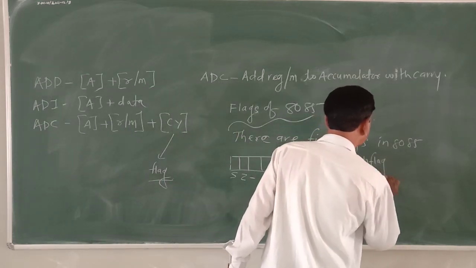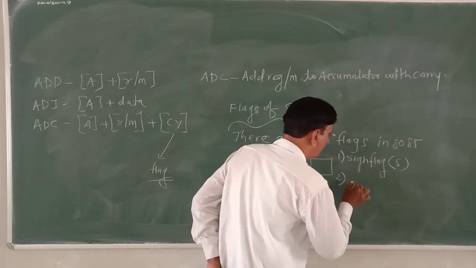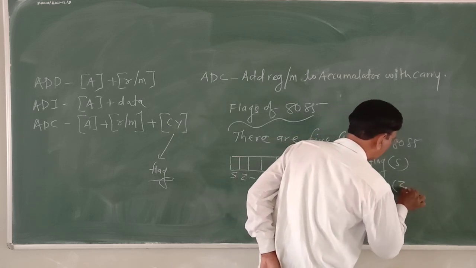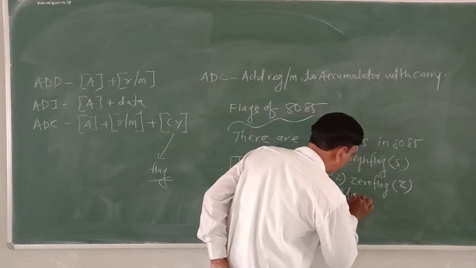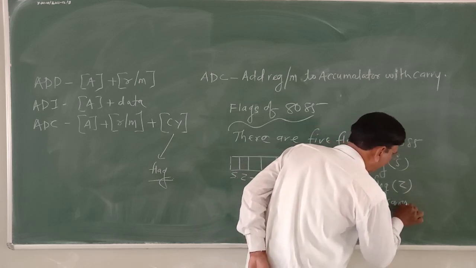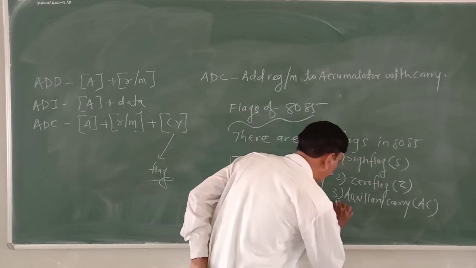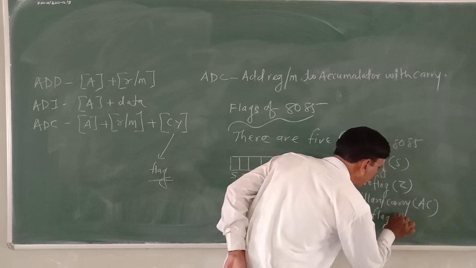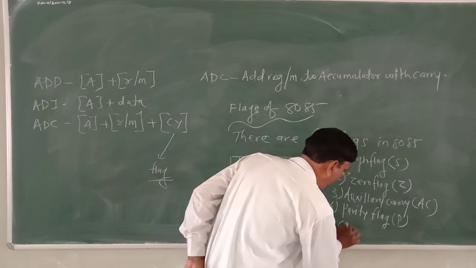Number 2, Z, zero flag. Three, auxiliary carry flag, AC. Fourth, P, parity flag. And last, there is the carry flag, CY.